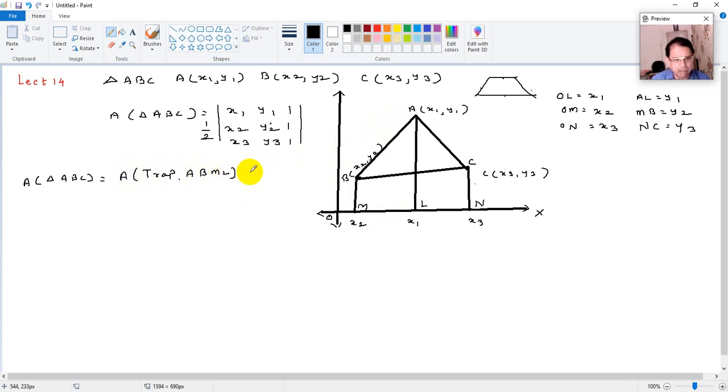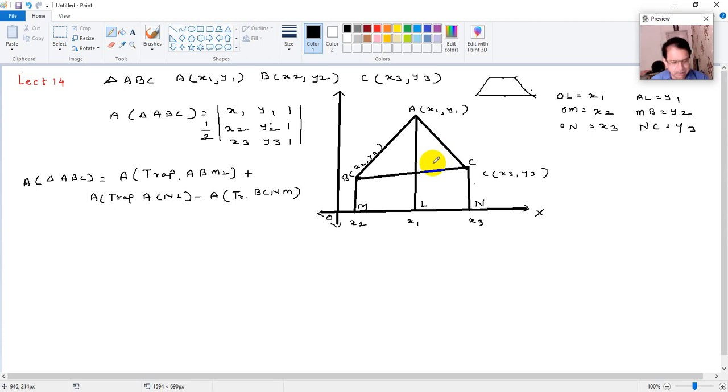ABML प्लस एरिया ऑफ ट्रॅपेझियम ACNL minus area of trapezium BCNM. बघा आपण काय करतोय, हा जो ट्रॅपेझियम आहे म्हणजे हा सर्व एरिया, हे सर्व प्लस हे सर्व, म्हणजे काय झालं, हा सर्व एरिया झाला तो. मग त्याच्यामधून आपण या खालच्या ट्रॅपेझियमचा एरिया वजा करतोय, म्हणजे आपल्याला हे मिळणार हा एरिया. This is obvious.